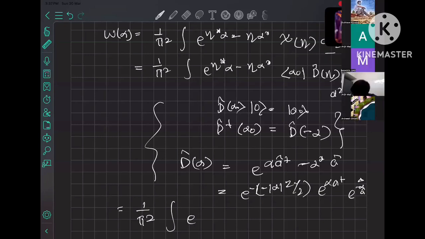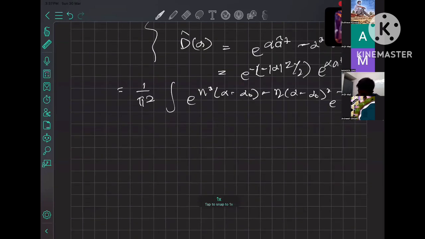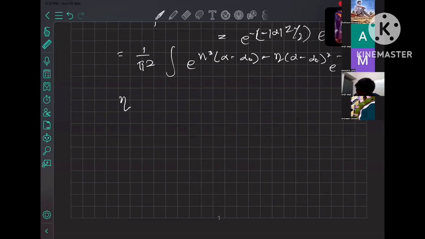e to the power eta star alpha minus alpha 0 minus eta alpha minus alpha 0 star, e to the power minus eta square by 2, d2 eta. And finally, we know that eta is a complex number, so it could be written as a real and imaginary part.